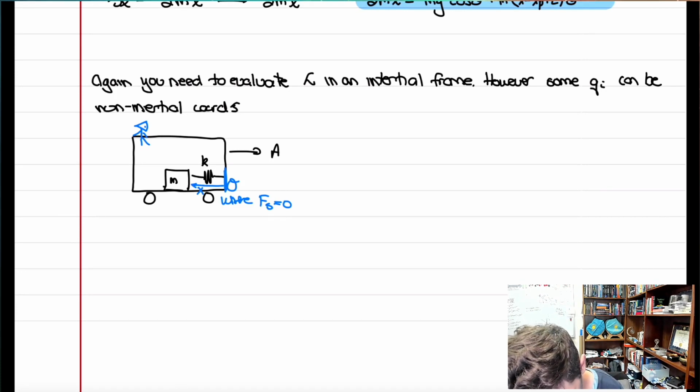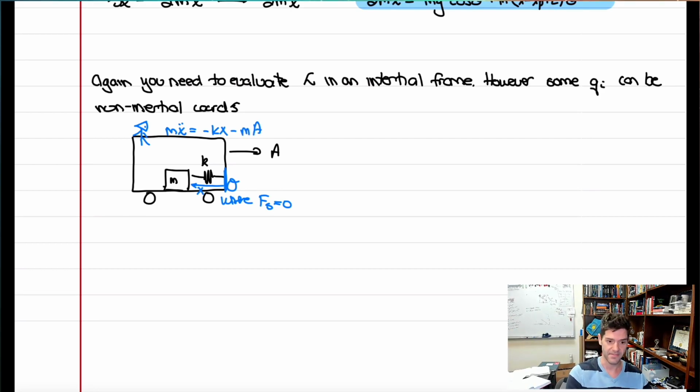They would have said that m x double dot is equal to -kx, but they would also have to add in a fictitious force, and they would say that it's equal to -ma, because they are not in an inertial reference frame, because the car is accelerating.